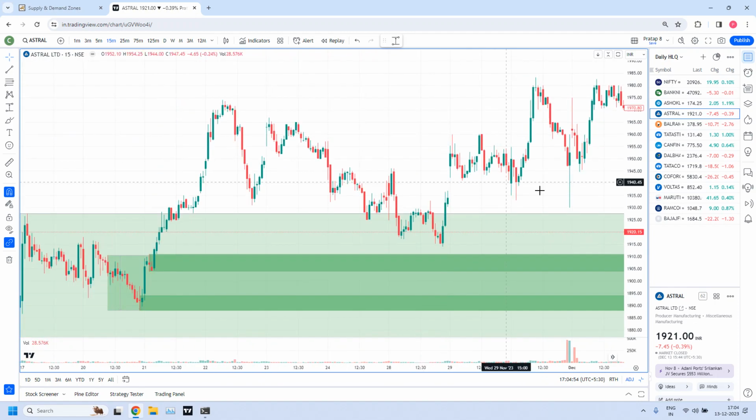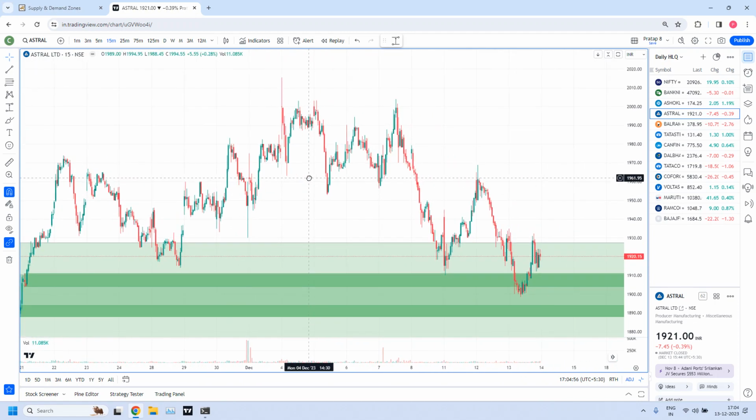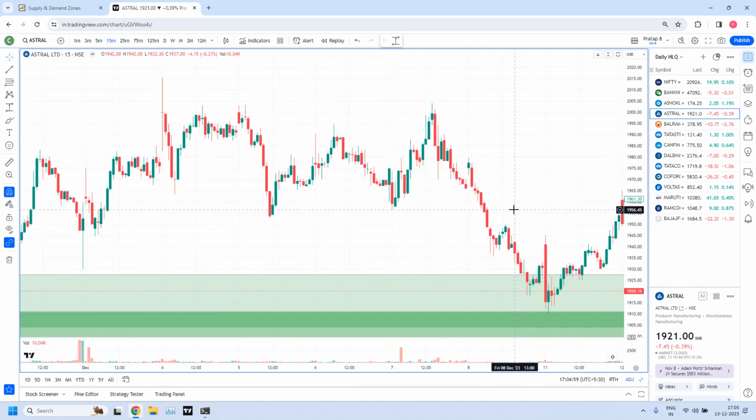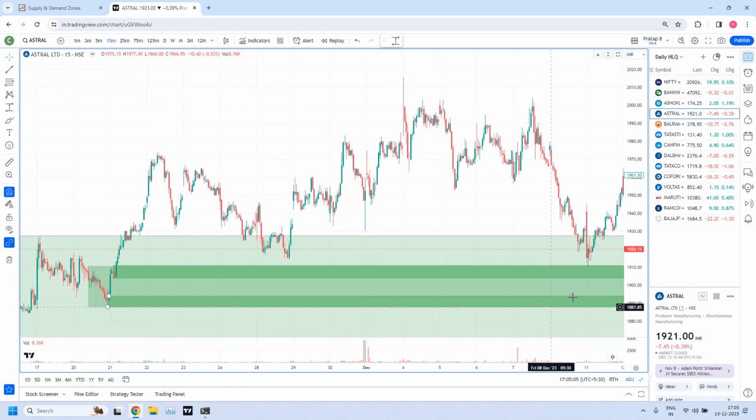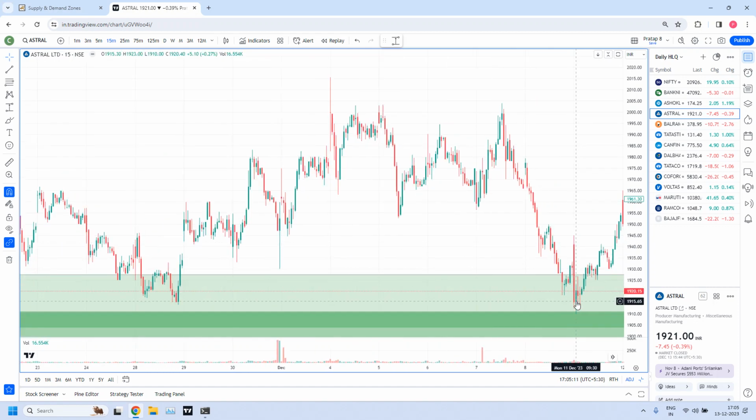And what happened recently? Prices entered into this zone, the first 5-minute zone. When it reached this zone yesterday, Monday, today is Wednesday, right?